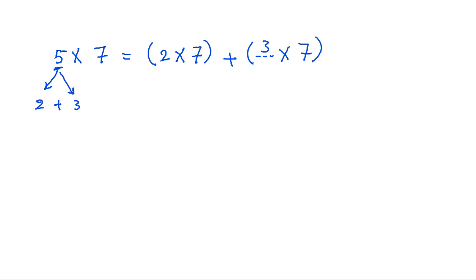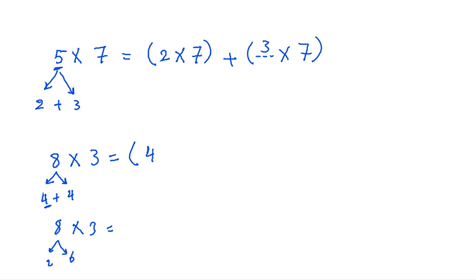The same way if I have 8 multiplied by 3, I can divide the 8 in many ways. I can divide it into 4 plus 4. I can divide it also into 2 plus 6. So in the first case the first one will be 4 multiplied by 3, and the second will be 4 also multiplied by 3, sorry, this is multiplied, not plus.